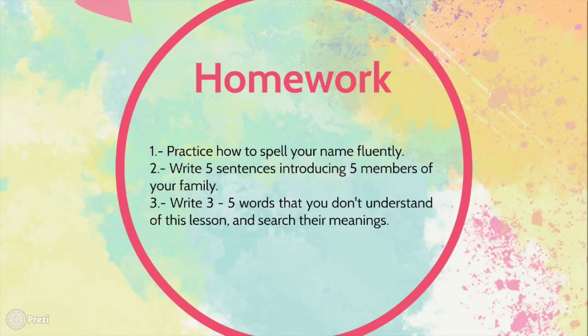Write 5 sentences introducing 5 members of your family. Escribe 5 oraciones presentando a 5 miembros de tu familia. Write 3 to 5 words that you don't understand of this lesson and search their meanings. Escribe de 3 a 5 palabras que no entiendas de esta lección y busca sus significados.